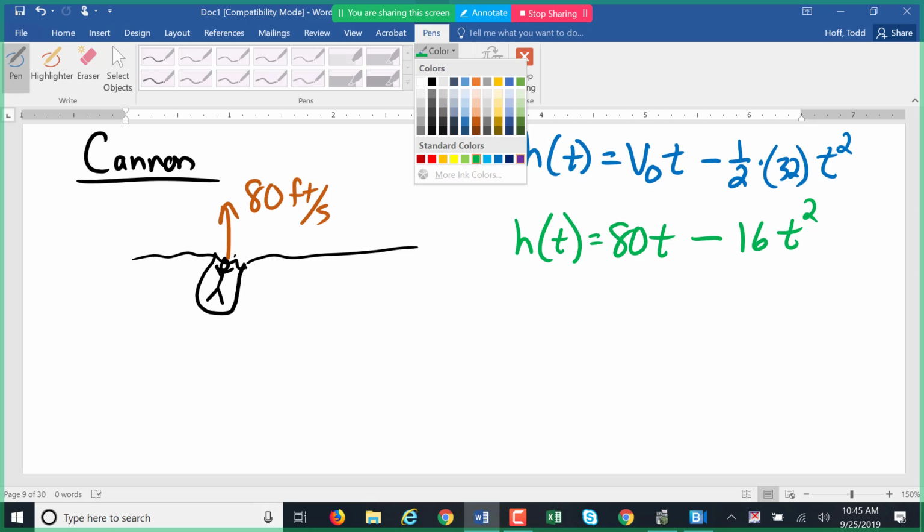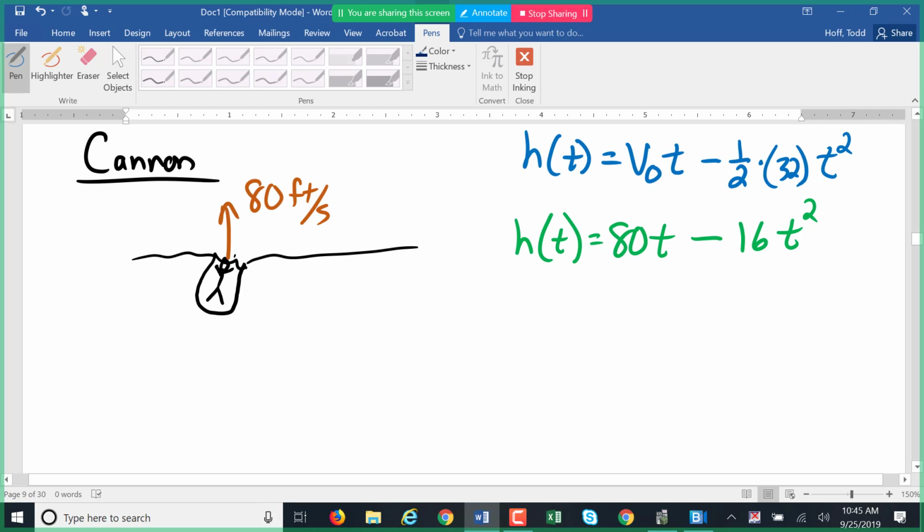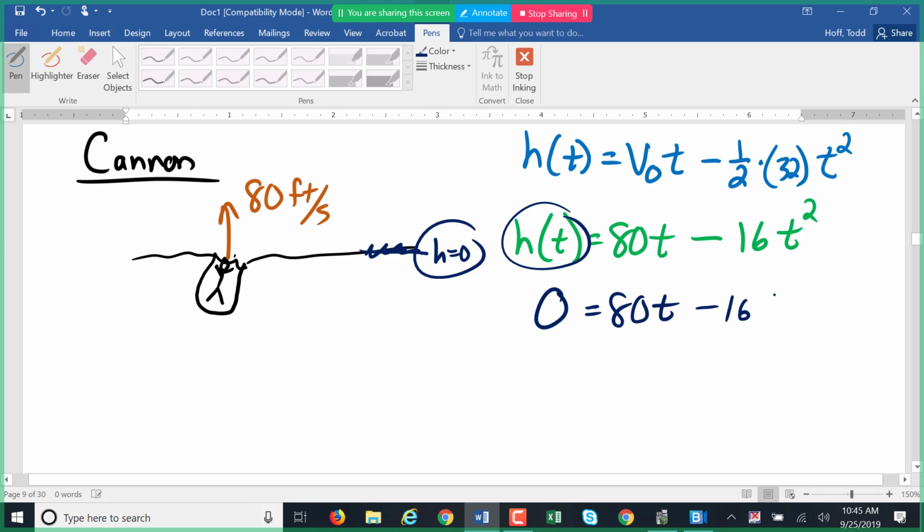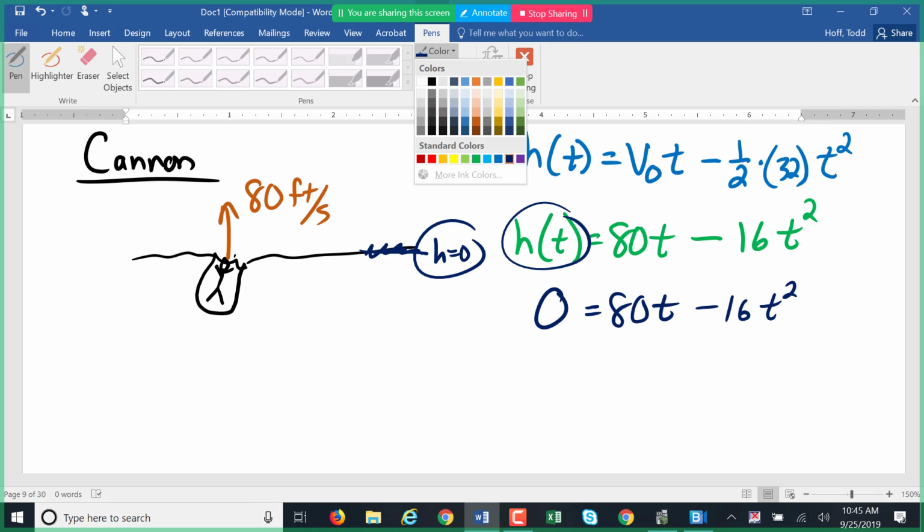So here's the big question. How long do I have left to live? Well, I'm going to go splat when I hit a height of 0. So when this equals 0, I'm hitting the ground. Well, we're going to factor this.